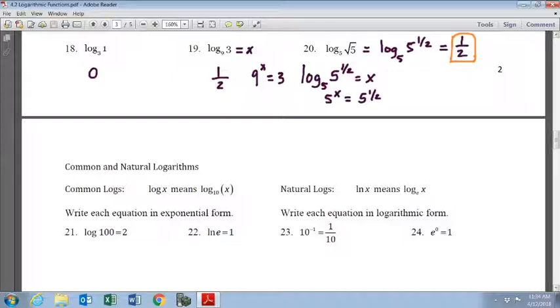All right, let's talk about common and natural logarithms. The log of x means the log base 10 of x. Another way to say that is the common log of x is log base 10 of x. So if we don't write the base, it's understood to be 10. On natural logs, ln of x means the log base e of x.